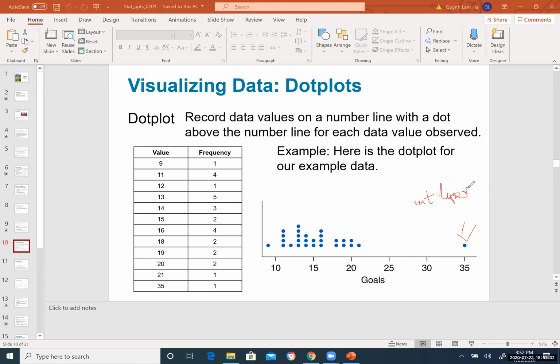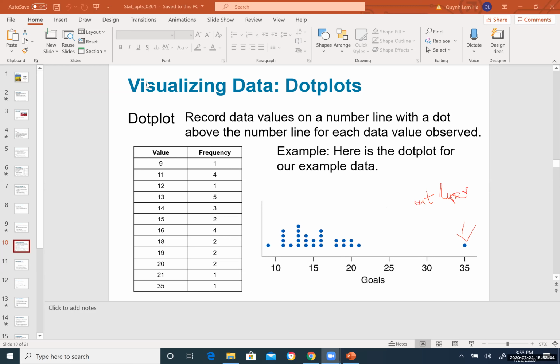I'm sorry, my pen is kind of bad. So this is an outlier. This outlier usually skews the whole distribution. It makes it a bit more difficult to estimate or to find the exact mean or median or the center, okay?